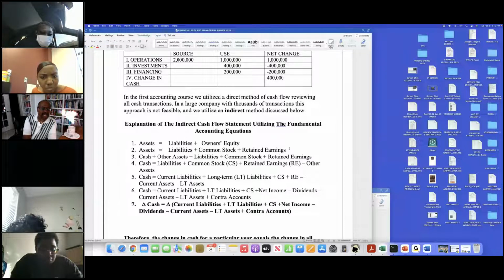Then cash plus other assets. Then we finally say cash equals liabilities plus common stock plus retained earnings plus all the other assets. And we get down here at 7 and say we can find the change in cash by looking at the change in all these other assets. So this is how this statement is prepared.